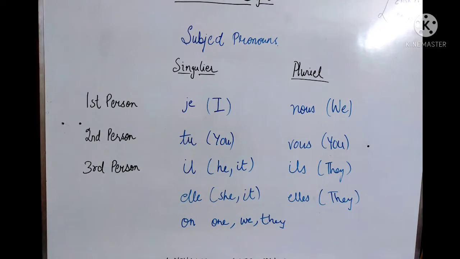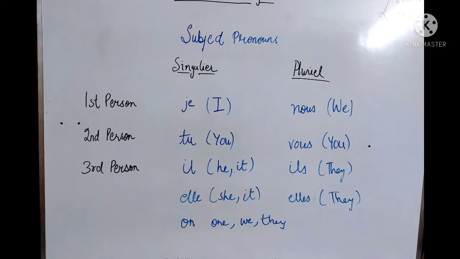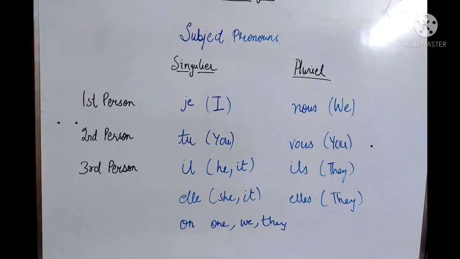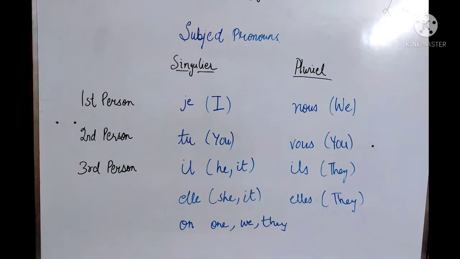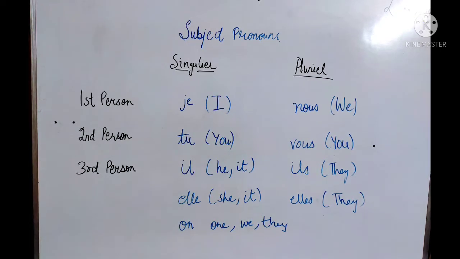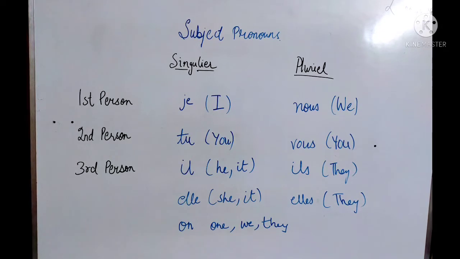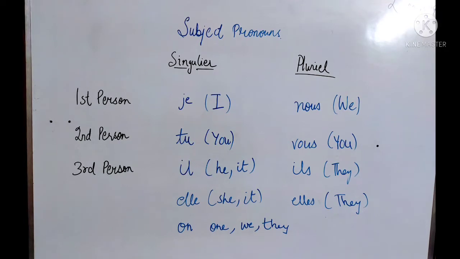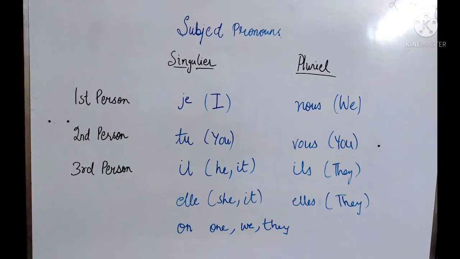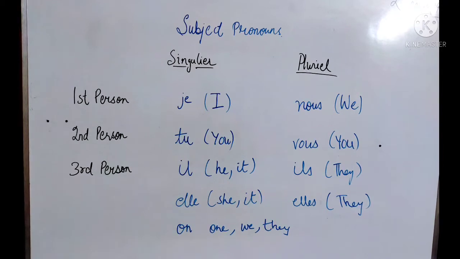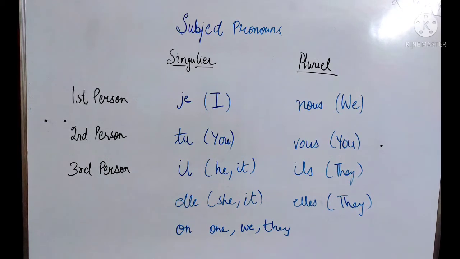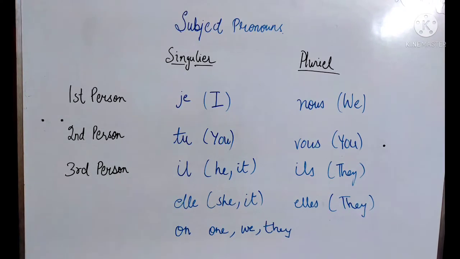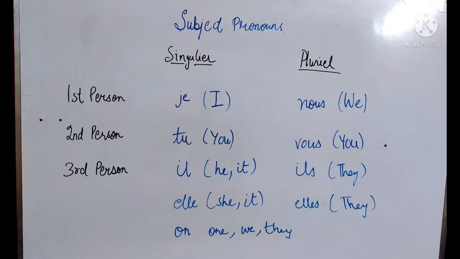Then in third person, we have il. Il can be used as he or it. Remember, il can be used for masculine things or persons. Then we have elle, which can be used for she or it. Then there is one more which is known as on, which can be used for one, we, or they.